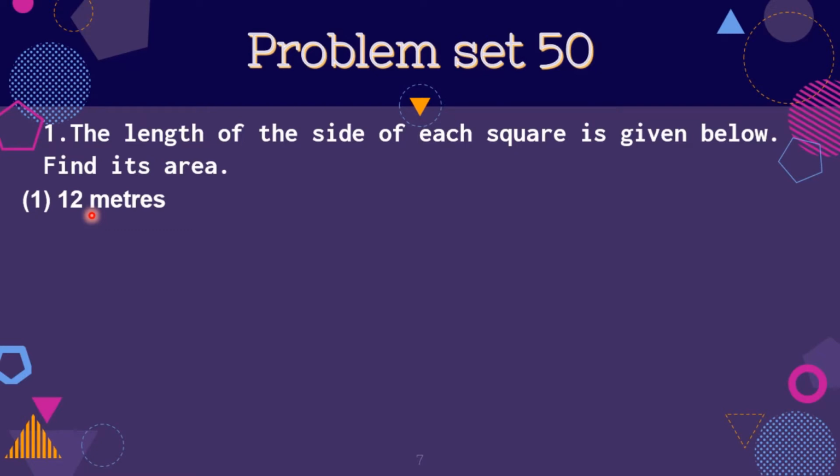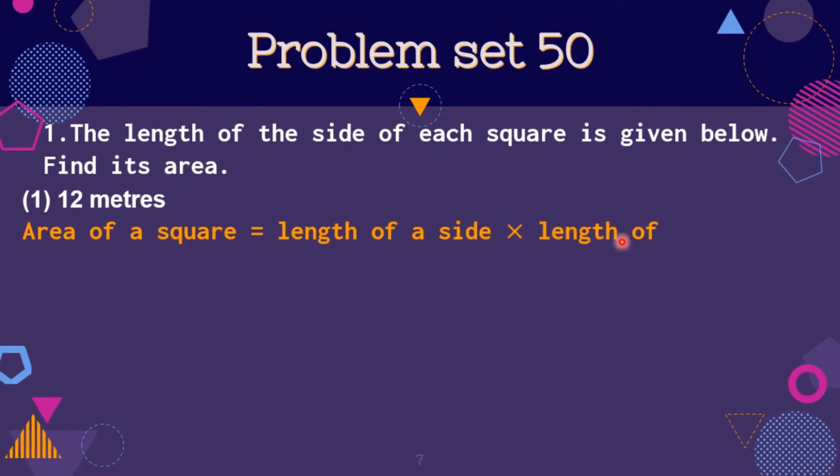We have the formula area of a square is equal to length of a side into length of a side. So we write, here we have the length of the side given is 12 meters. So we write 12 into 12 which is equal to 144 square meter.